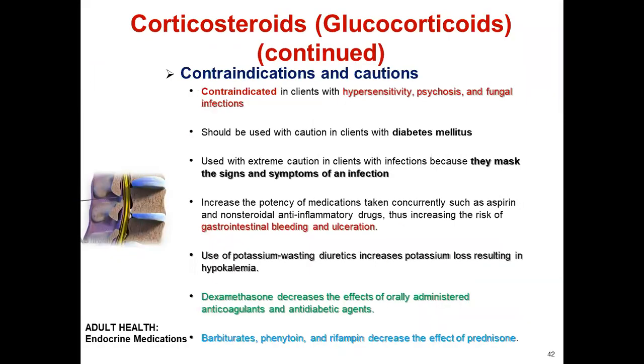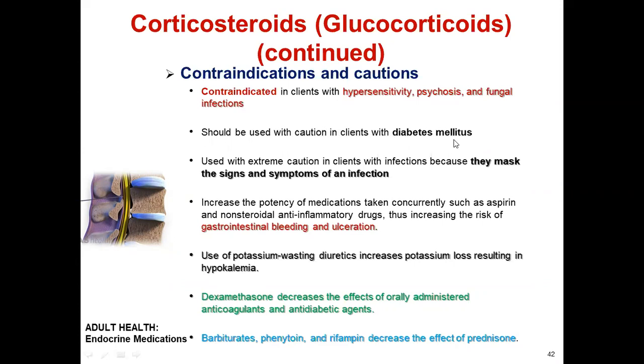So now, contraindications: clients with hypersensitivity, psychosis, and fungal infections. Here we are going over the contraindications and the precautions we have to follow. It should be used with some precaution in the client with diabetes.